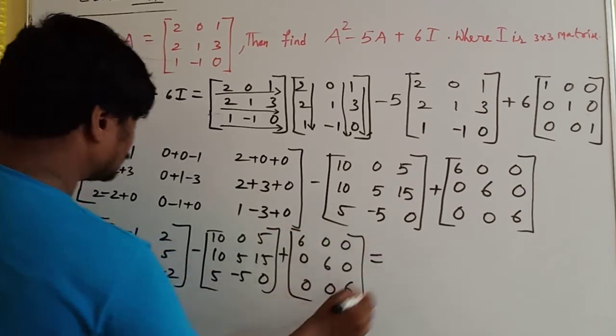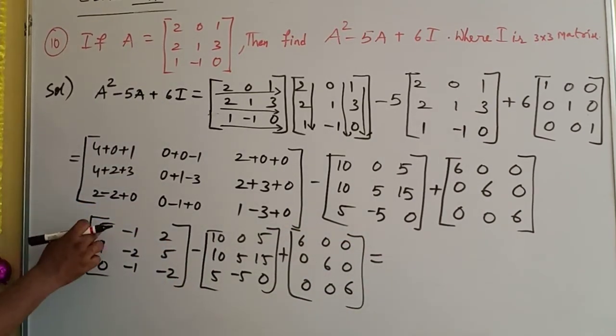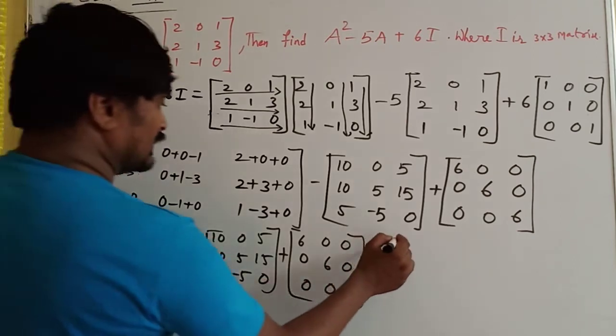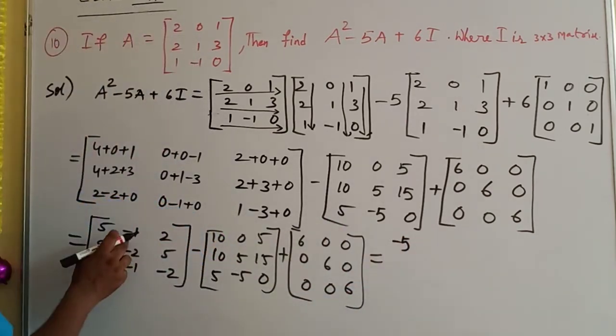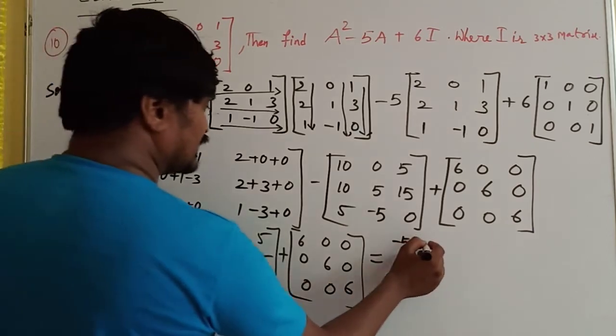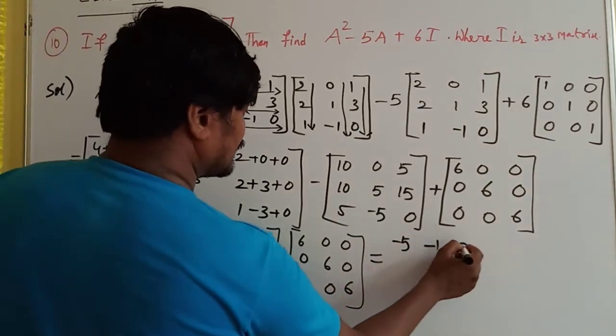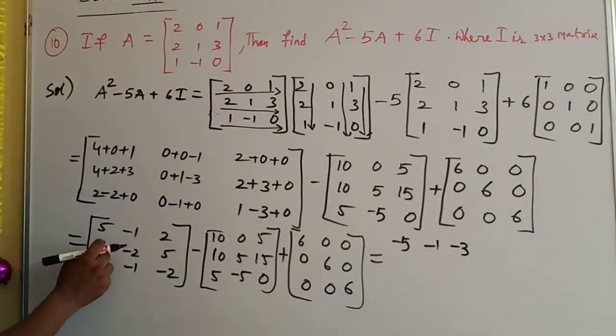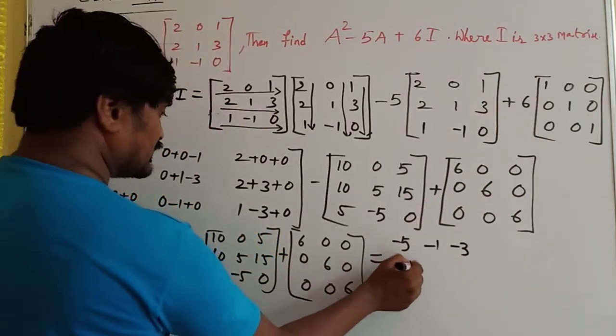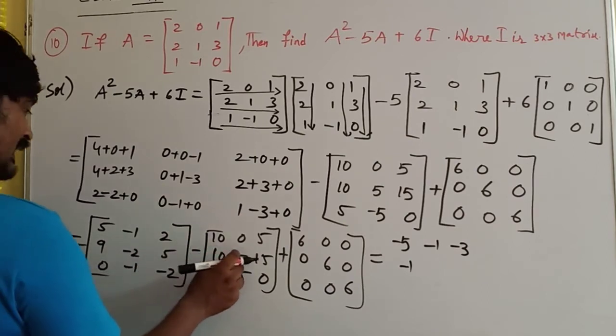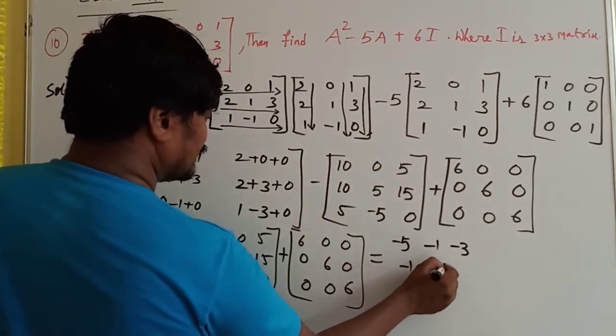Now first subtract these two. 5 minus 10 is nothing but minus 5. Minus 1 minus 0 is nothing but minus 1. 2 minus 5 is nothing but minus 3. Next 9 minus 10 is nothing but minus 1. Minus 2 minus 5 is nothing but minus 7.